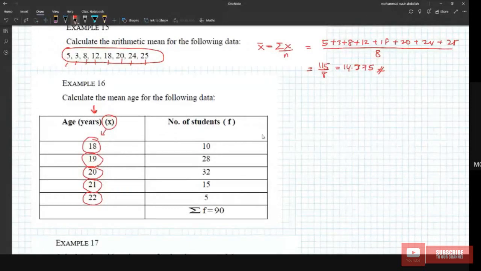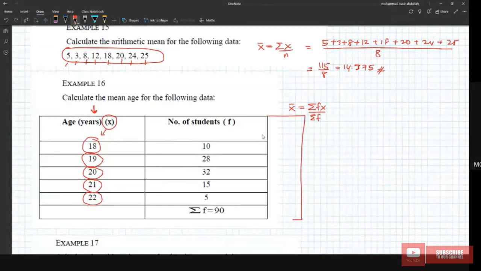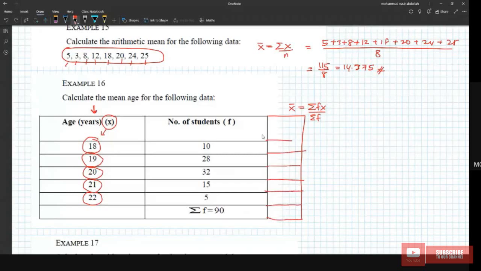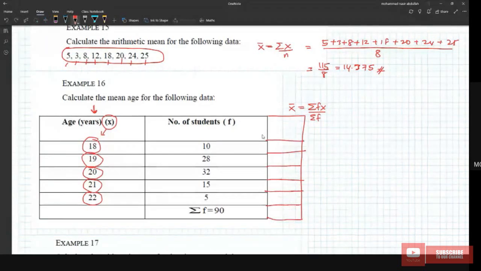If you want to find mean for grouped data, it is summation of fx divided by summation of f. So you need to create another column to represent fx. Fx means the value of f multiplied with the value of x.